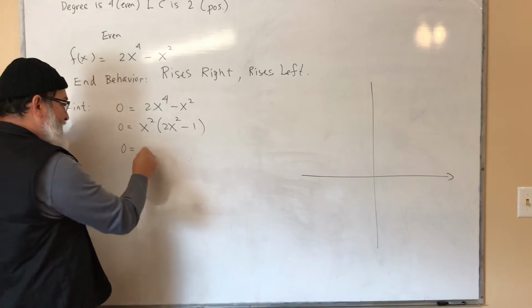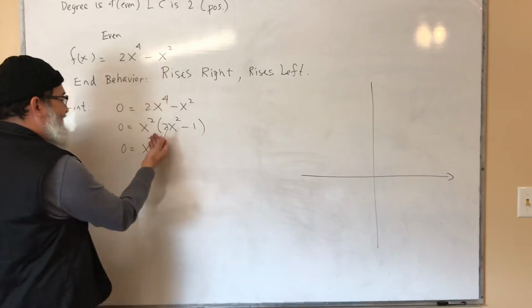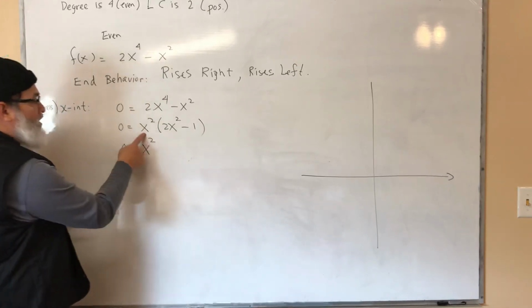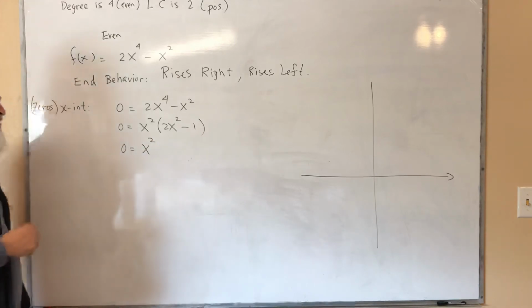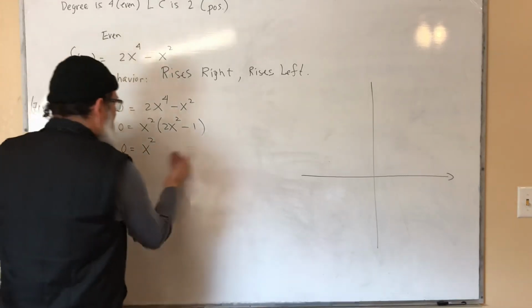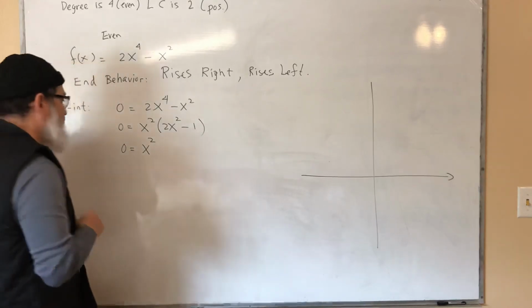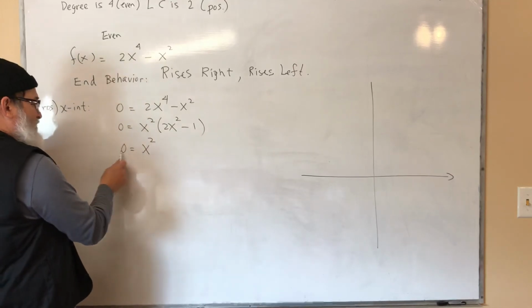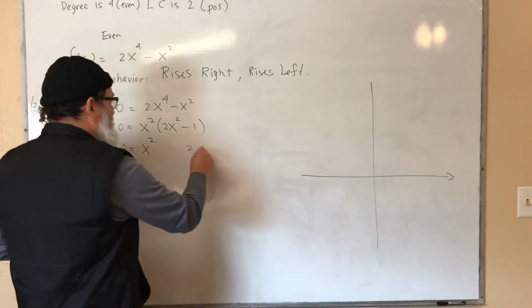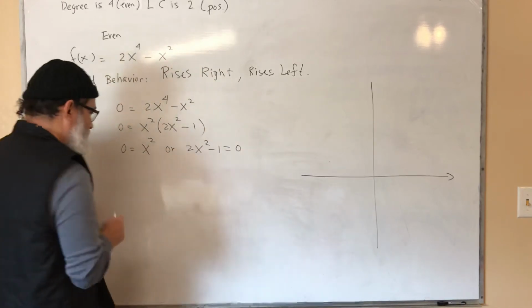Okay. Let's set the first factor equal to 0 and the second factor equal to 0, okay? Yes, let's do that. So x squared equals 0, and also 2x squared minus 1 equals 0, and this is OR.